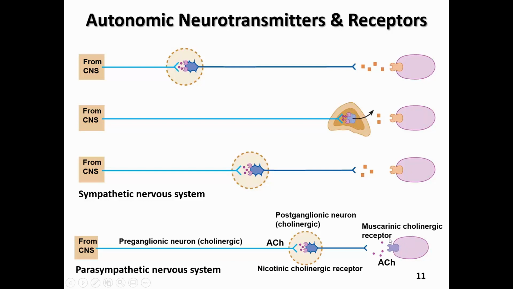Under physiological conditions, it's a receptor that will bind a cholinergic type of compound, in this case acetylcholine, but under experimental conditions will bind a chemical called muscarine.